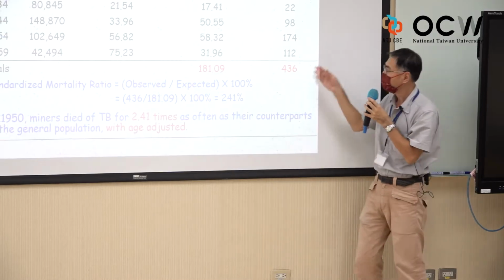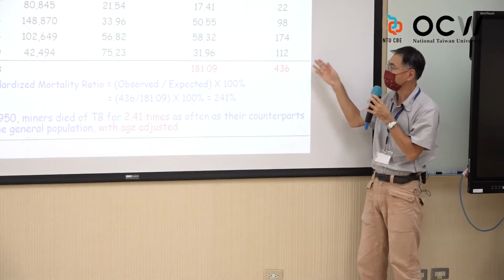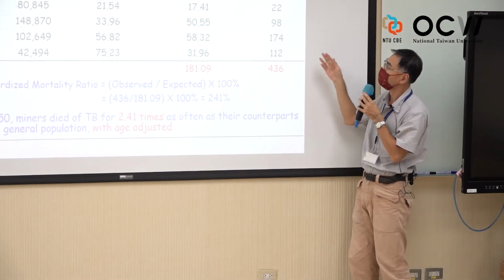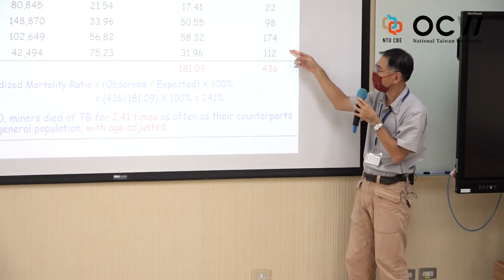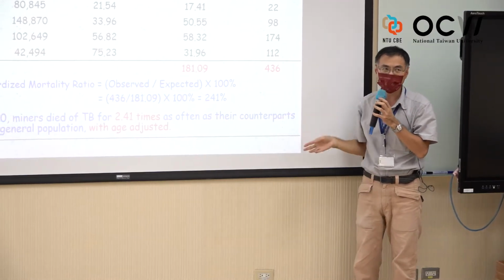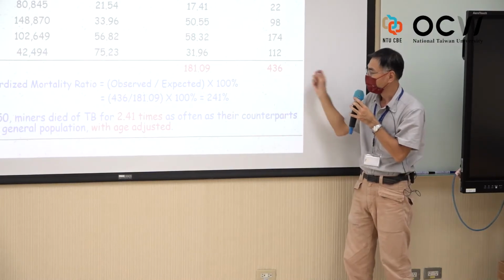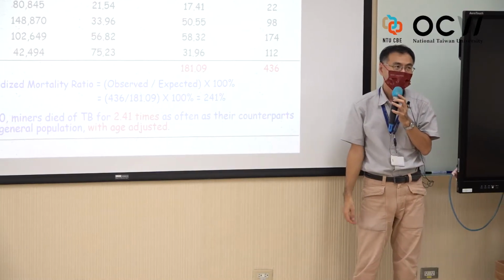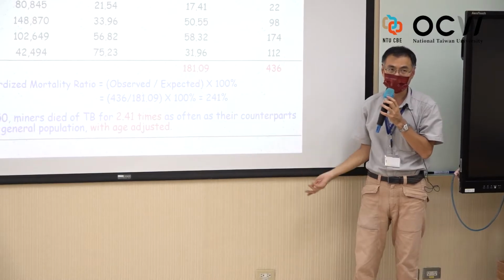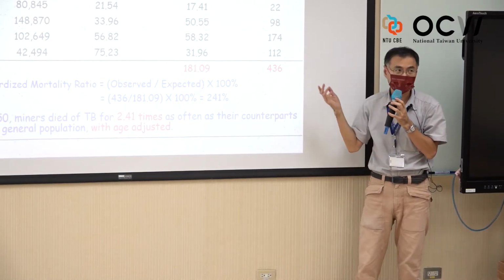Okay, but that's the exact number we observed during the follow-up. So in exactly the same period of time, actually, there were 436 deaths in this group of people. So it's pretty straightforward, right?